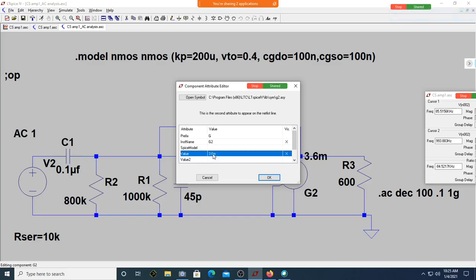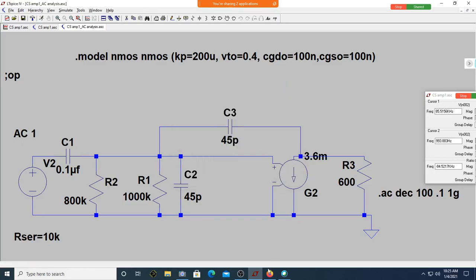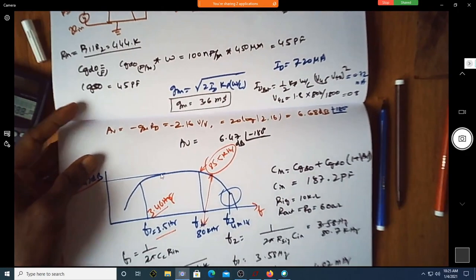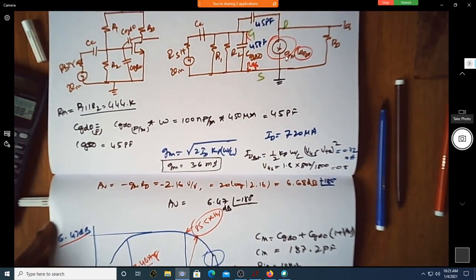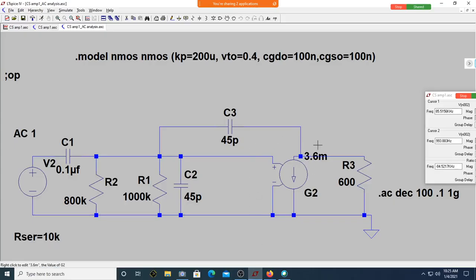The value of GM which we found in the calculation over here was 3.6 millisiemens. That's what I'm editing here. Let me just go back to this. Okay, this is now 3.6. Let me put this here. This is fine.